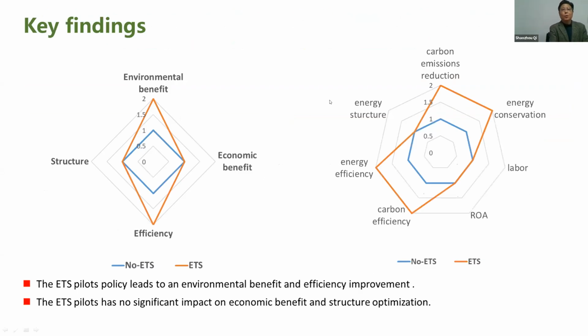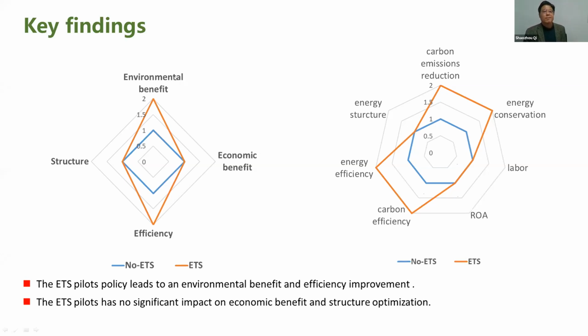So finally, we summarize our key findings. In terms of four dimensions, that means environmental benefit, economic benefit, efficiency of the ETS pilots, and the energy structure, we compare the ETS and non-ETS sectors and provinces.